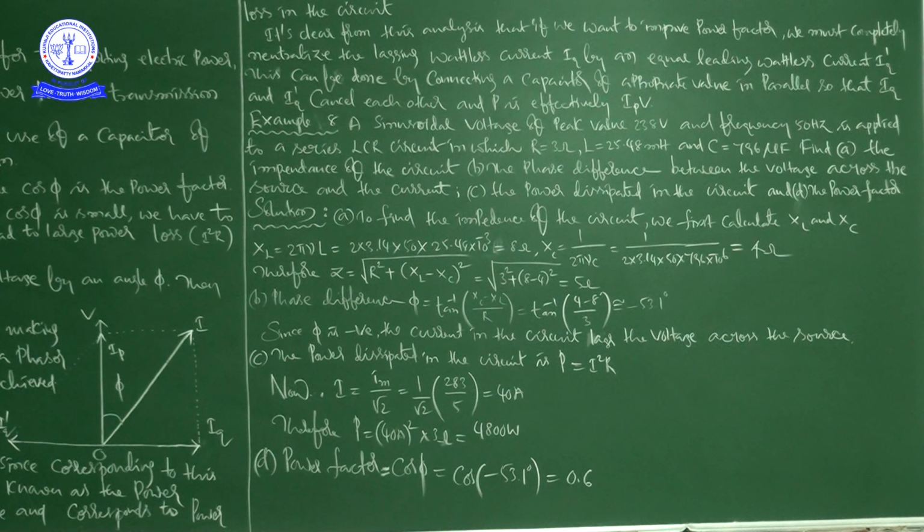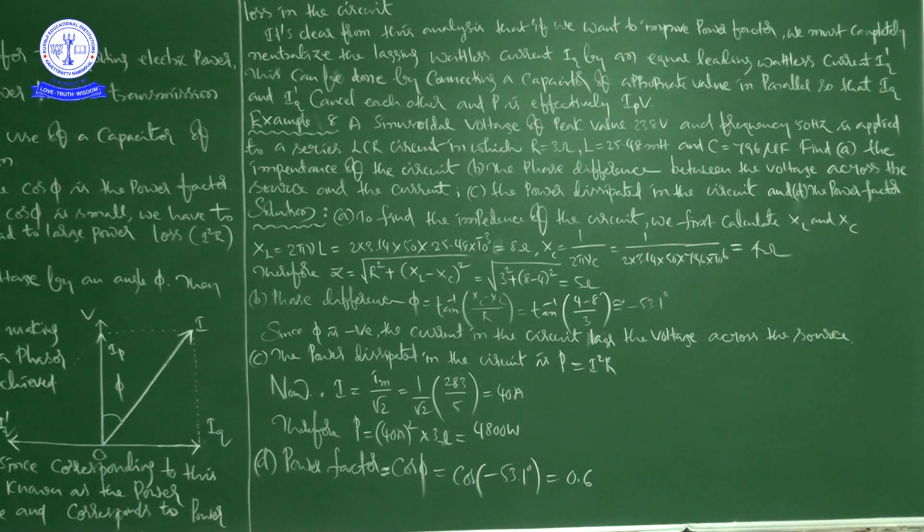This can be done by connecting a capacitor of appropriate value in parallel, so that IQ and IQ dash cancel each other, and P is effectively IP into V. So throughout this discussion regarding the B in example 7, what is our intention?